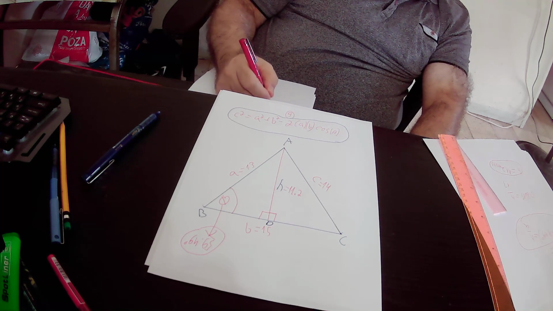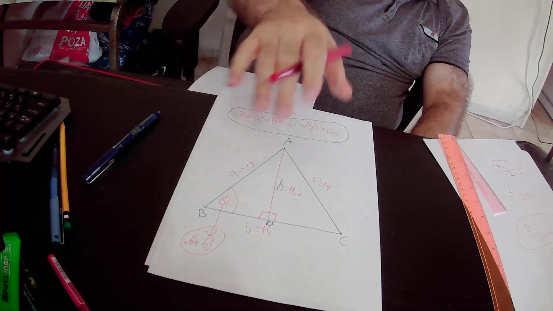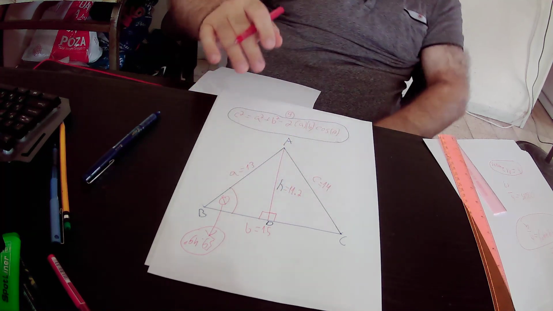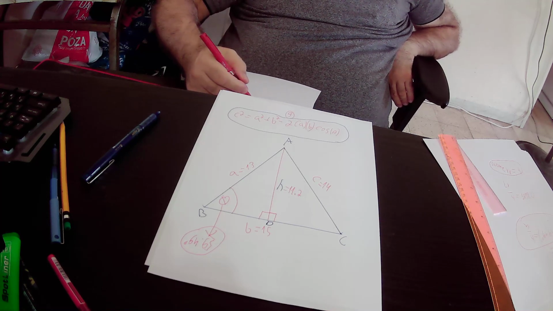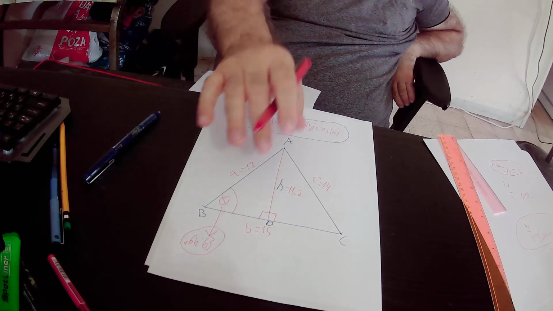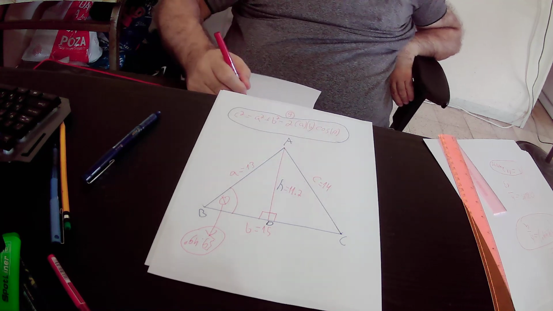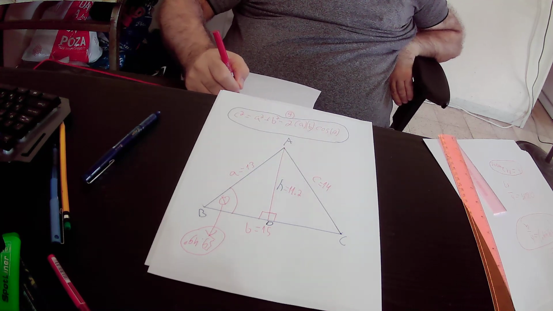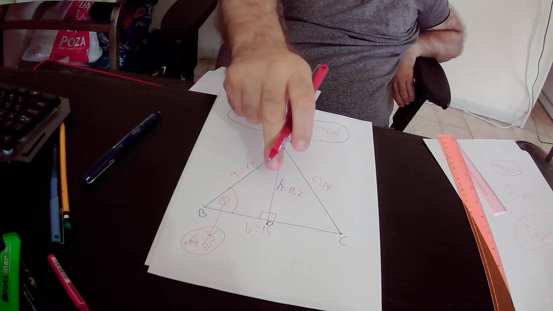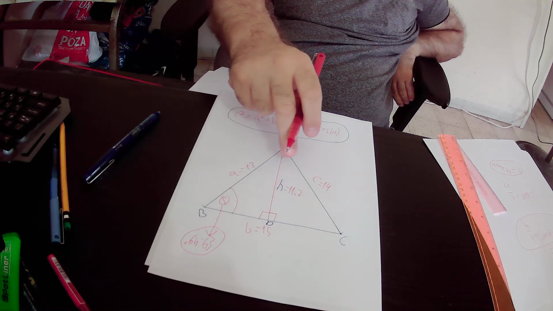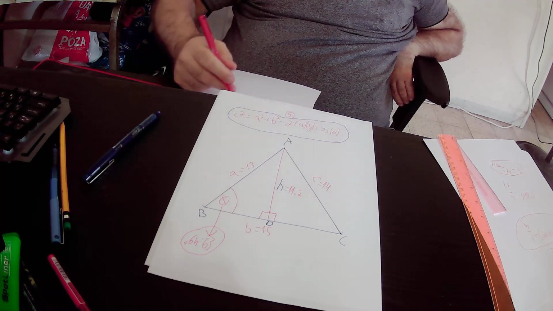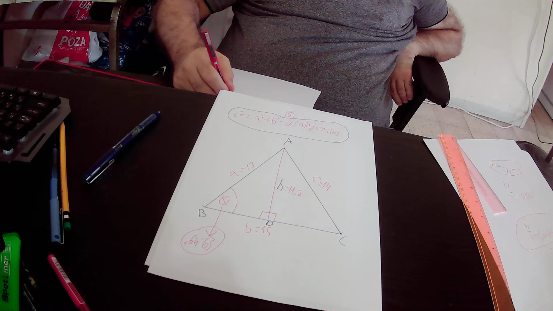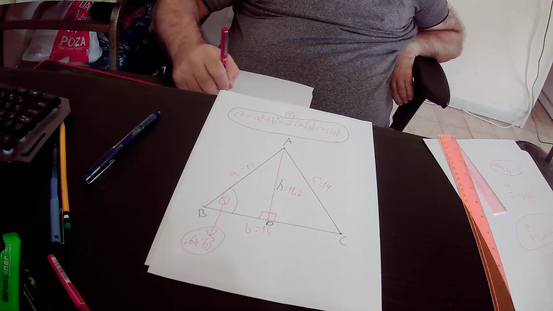So the area of triangle ABC will be equal to the base of the triangle, that is actually B, and B equals 15 units, times the height to the base. The height must create 90 degrees with the base, so h is the height to the base, that is equal to 11.2 units, over 2.